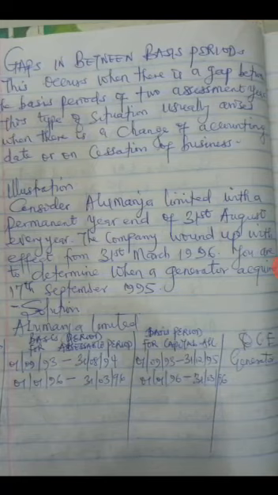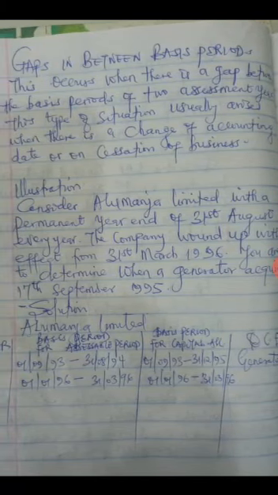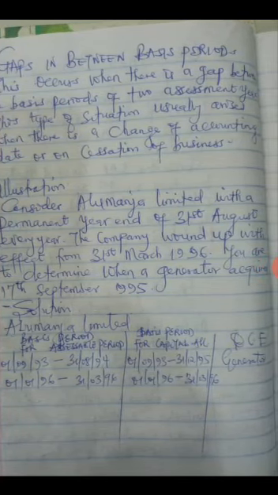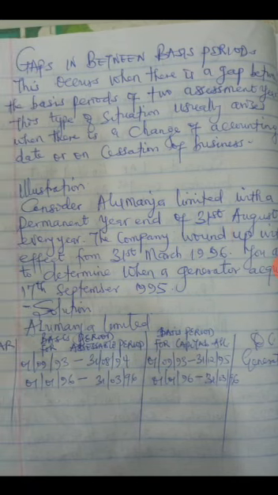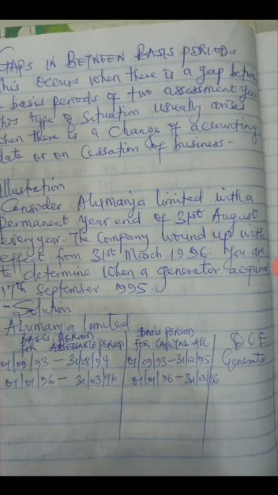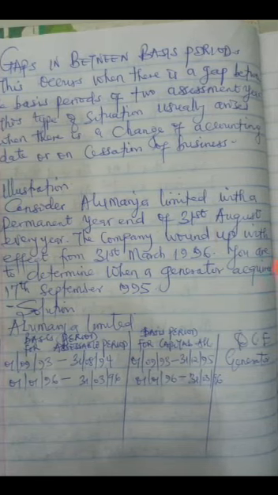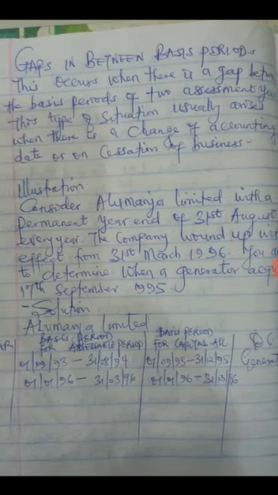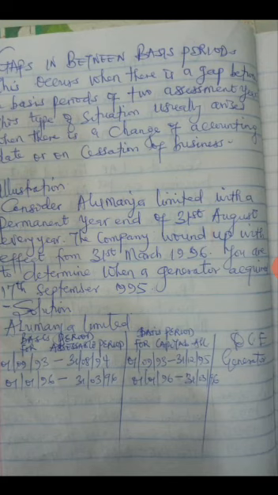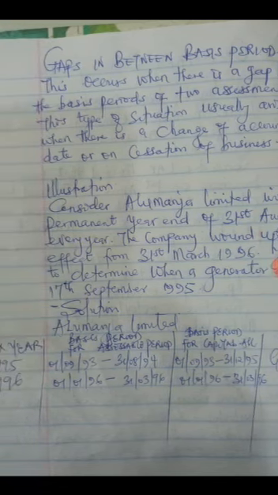We are required to determine where the capital expenditure, the generator acquired on 17th September 1995, fits in, so that we can determine the capital allowance.